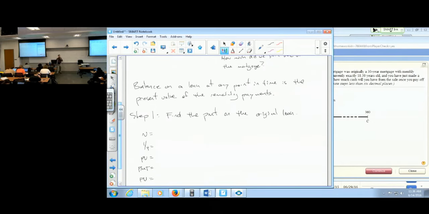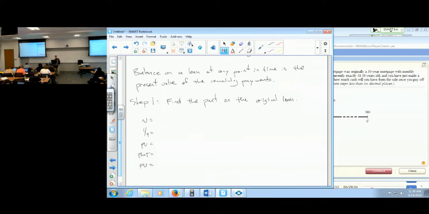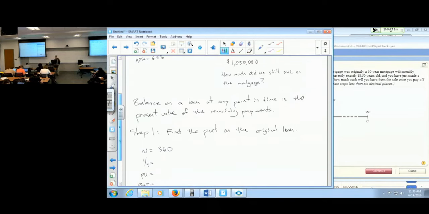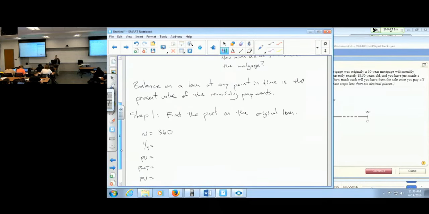And remember, we're looking for the payment on the original loan now. So N is the number of payments on the original loan. That was going to be 360 total payments.